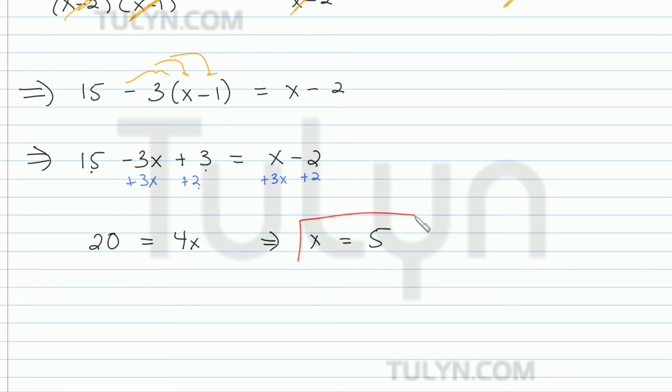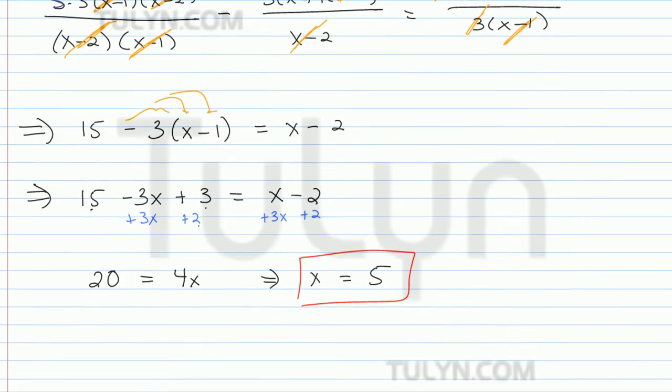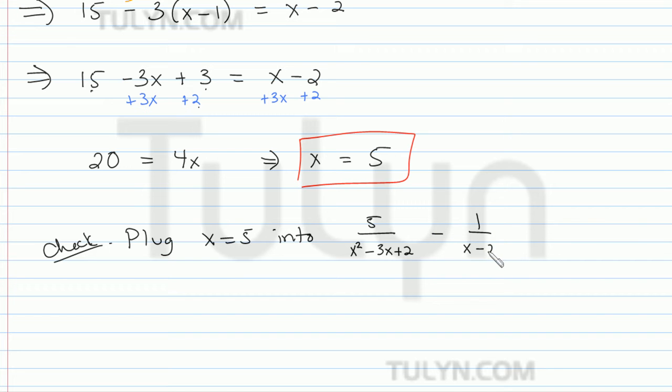So now we have our answer, and since we're talking about rational expressions, there is the possibility that we could divide by 0, so we should check by plugging it into the original equation. So we want to check by plugging x equals 5 into this original equation, which is what we started with.